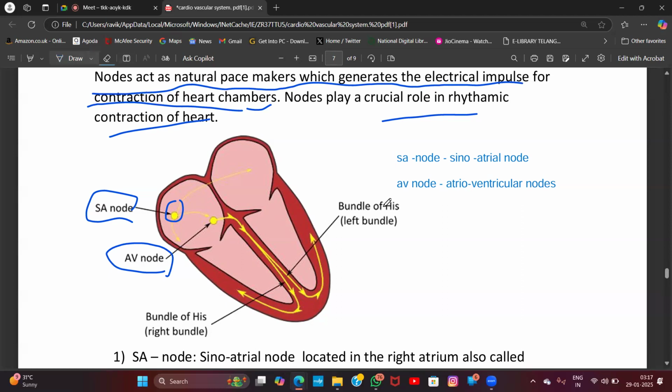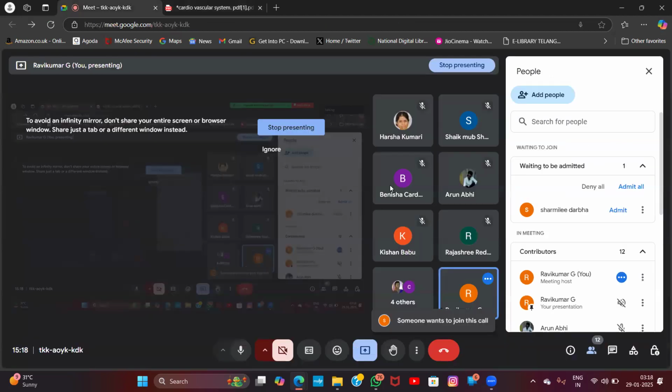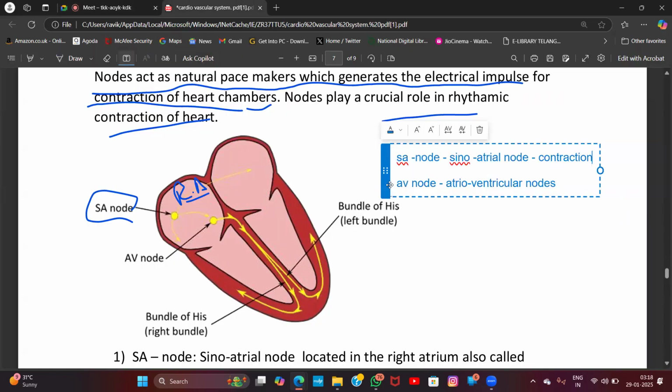See here, the SA node is present on the right atrium. It sends the electrical impulses which help in contraction of the atria.